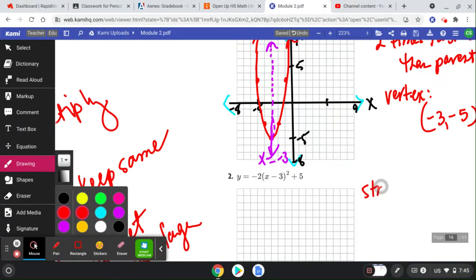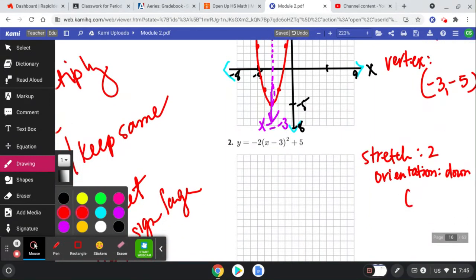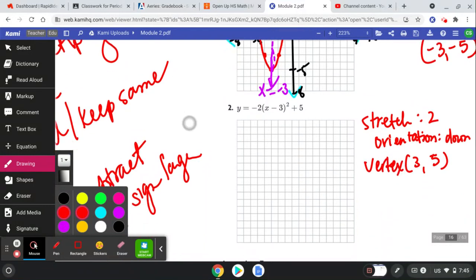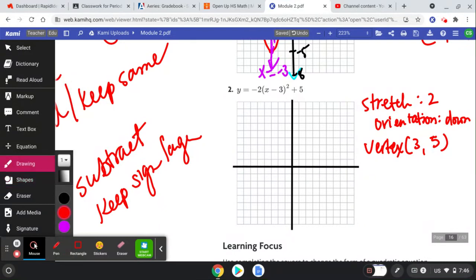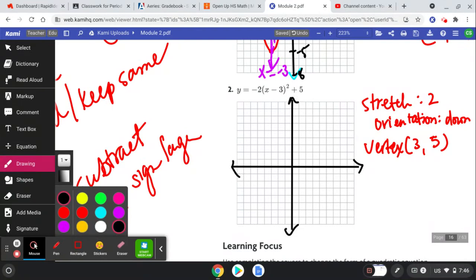Identify your key features. Stretch this time is still 2, but orientation this time is down instead of the last one was up. Vertex is 3, 5. Go get your graph ready.